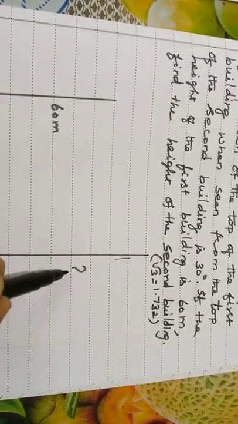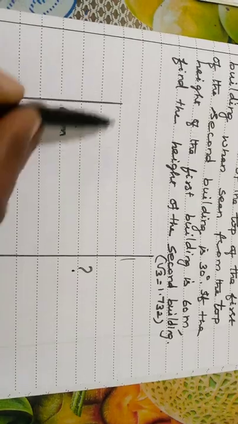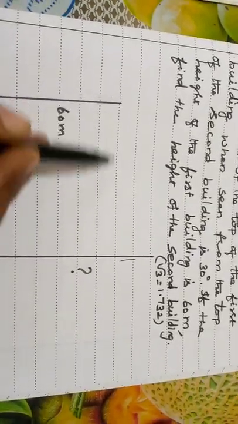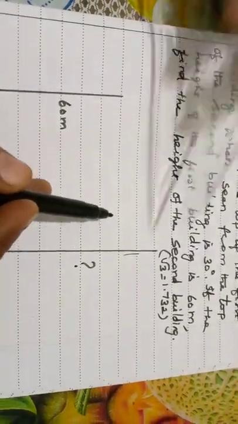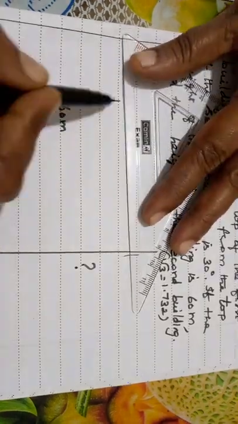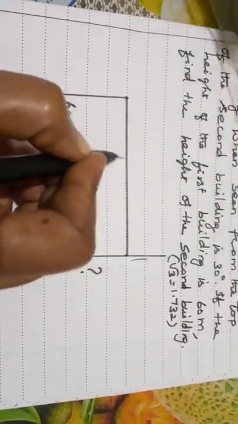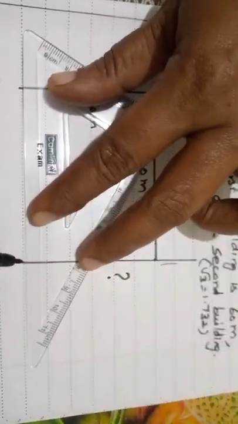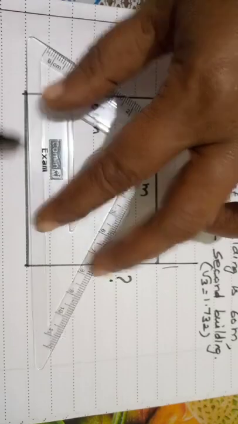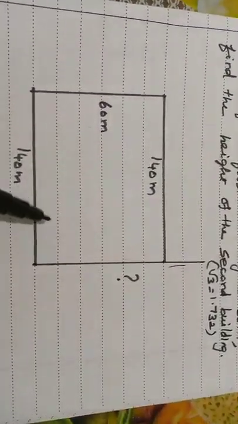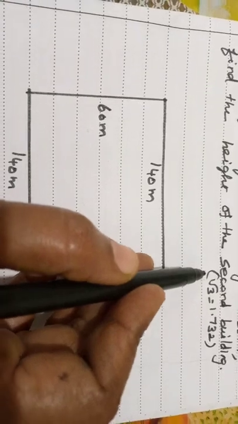This one we have to find out. And also the horizontal distance between the two buildings is given as 140 meter. So join the horizontal distance, 140 meter. So here also it will be equal, 140 meter.